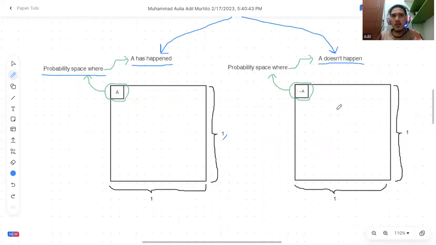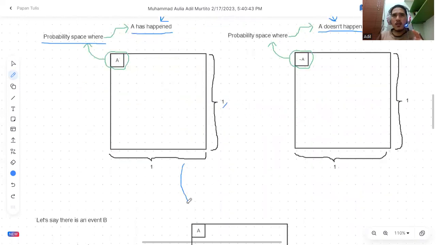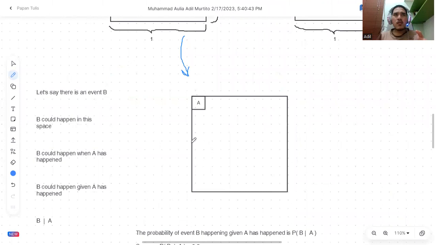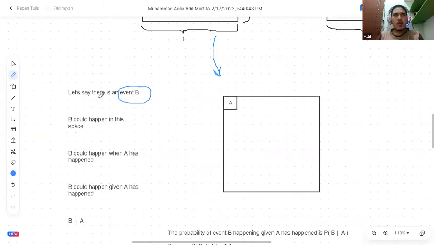Okay. Now let's take this probability space here. Now let's say there is an event B, and B could happen in this space. So we could say that B could happen when A has happened. Well, it seems obvious, right?